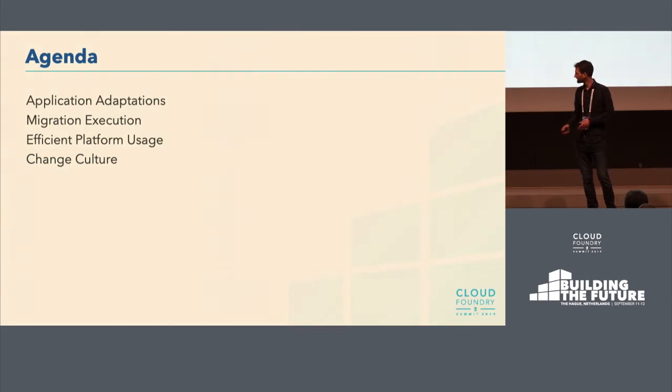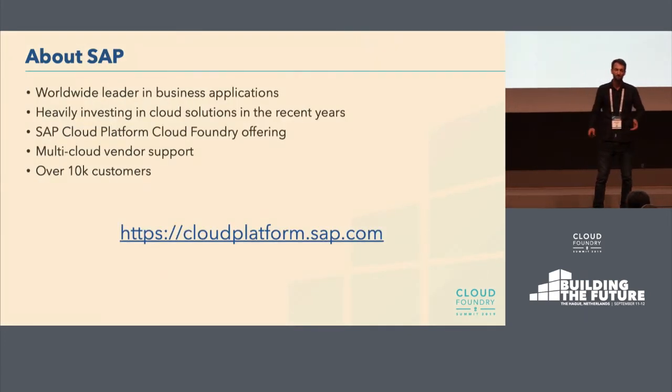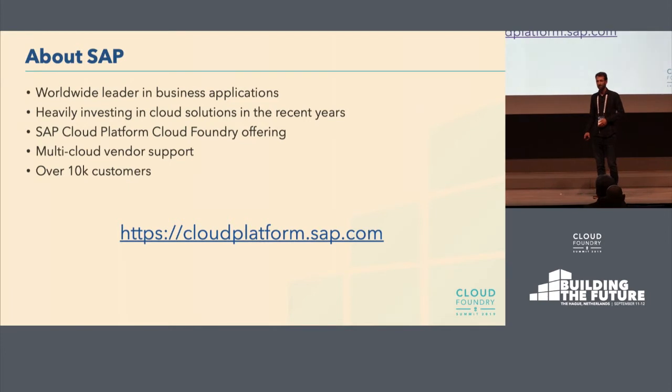Before we get started, some information about SAP itself. I think you all know SAP is one of the worldwide leaders of business software. In the past years, we have heavily invested into cloud and still ongoing. We have our own Cloud Foundry offering in place. It's called the SAP Cloud Platform Cloud Foundry.